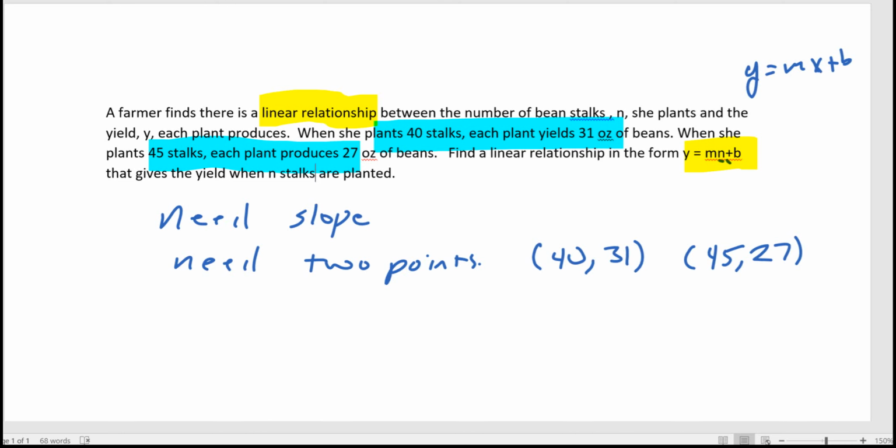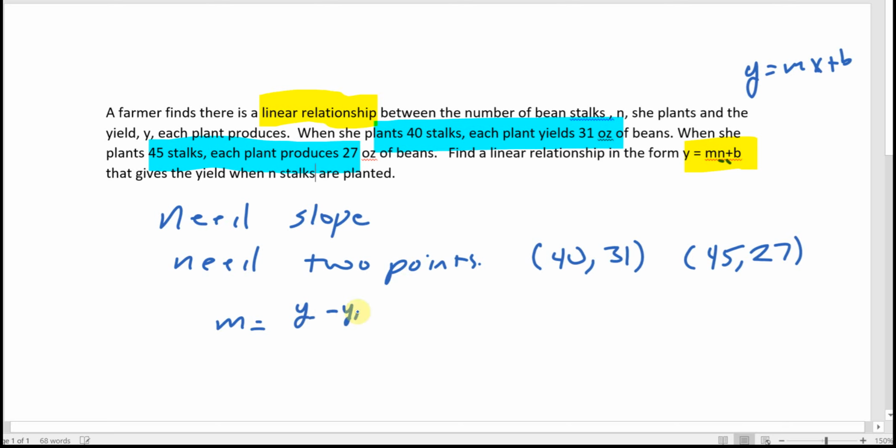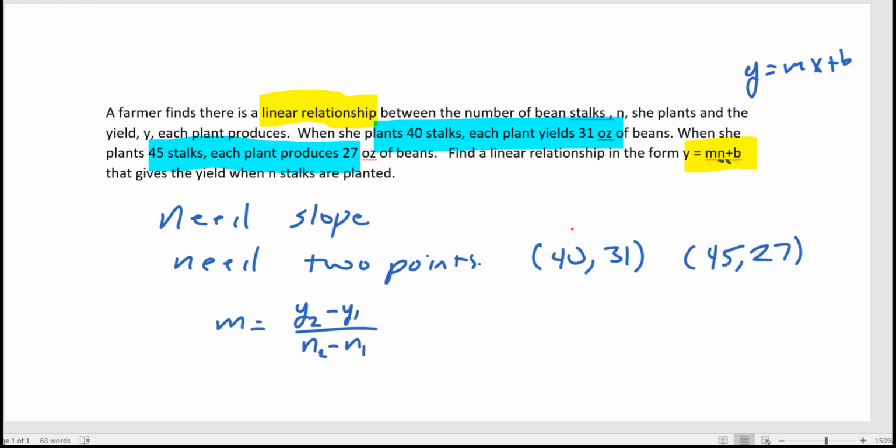So I've got my 2 points, and that's all I need to write the equation of a line. So the first chore then is finding the slope. Remember the formula for slope is m equals y2 minus y1 over, in this case, n2 minus n1. Normally we would use x's, right? But we've changed the variable, so don't freak out about that. Another good habit to have is label your points, n1, y1, n2, y2.